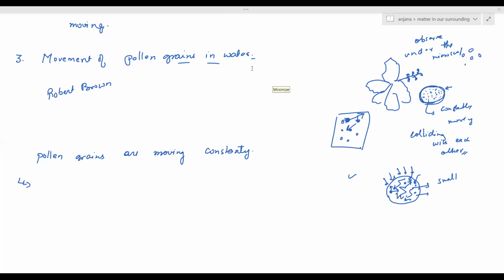Just write down first. As water molecules are made up of very small, moving, tiny particles.